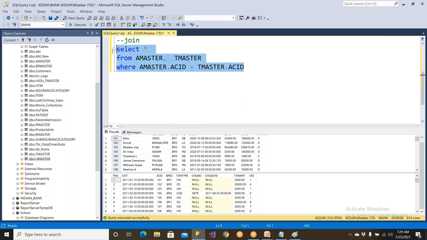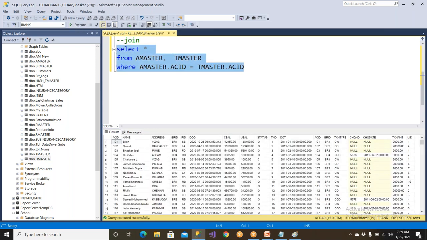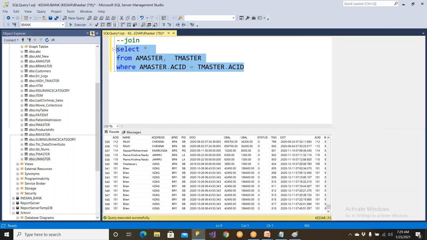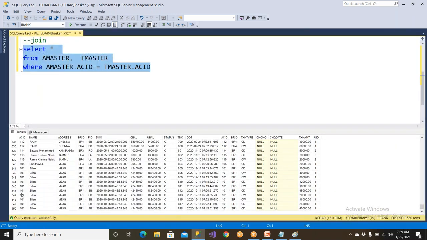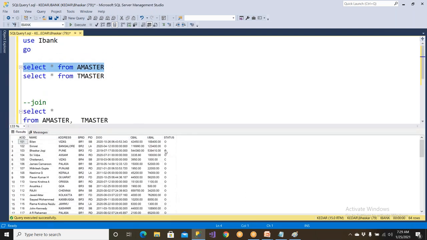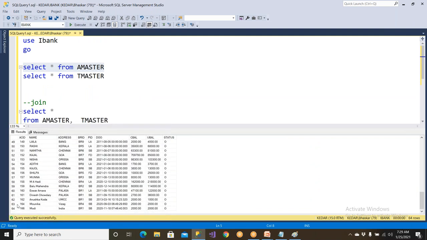So these two tables are linked and you will be able to get the data. Total 550 rows you are able to get. This is the complete data that you are going to get. See now, the total number of rows is 550. If you see this table, you're having only 64 records, but each customer is doing multiple transactions.